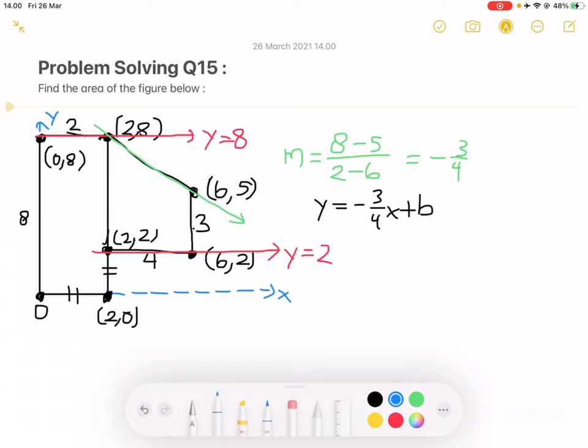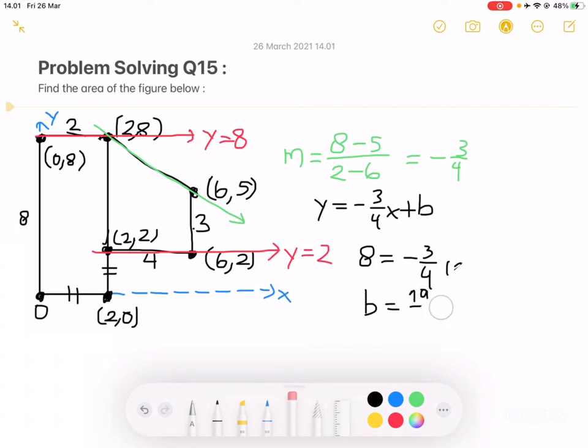Now we can just substitute, for example, this set of coordinates into our equation. So y will become 8, and x will be 2. Then solving for b, you'll get b is equal to 19 over 2.